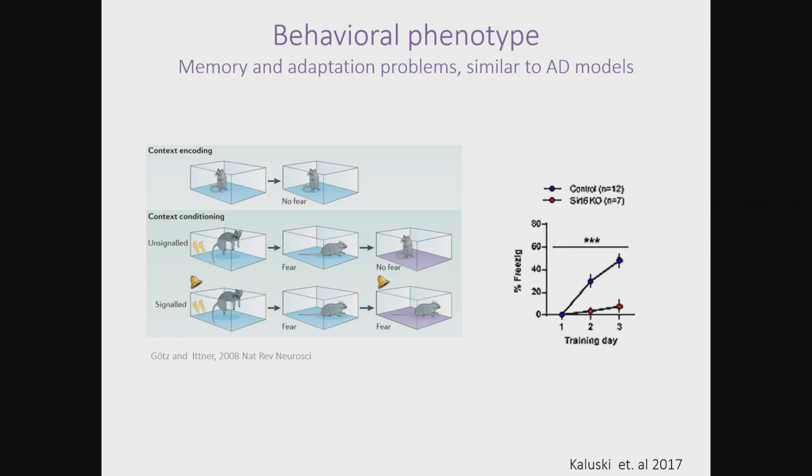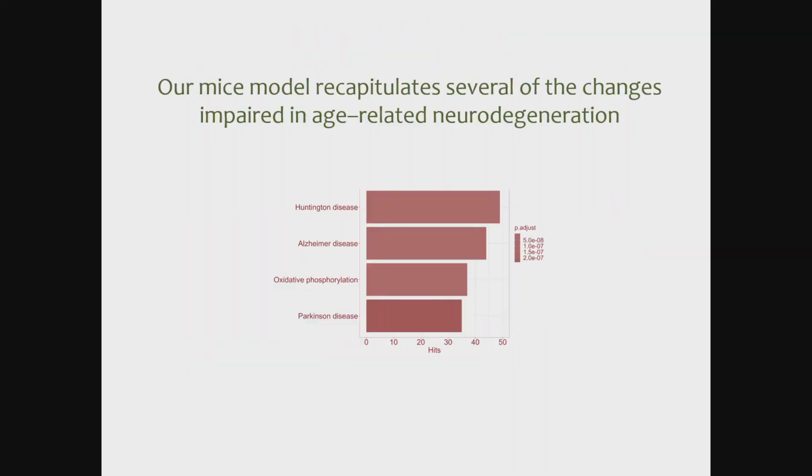By 3 months, they are already impaired. And if we take all the transcriptome of the brain of our mice and compare it in an unbiased manner to all the data that has been published, the top categories we get are neurodegenerative diseases. So we know now that we have a very good model for sporadic neurodegeneration.